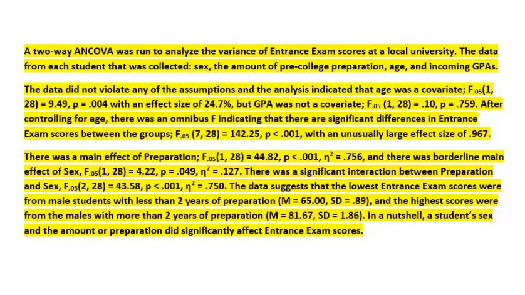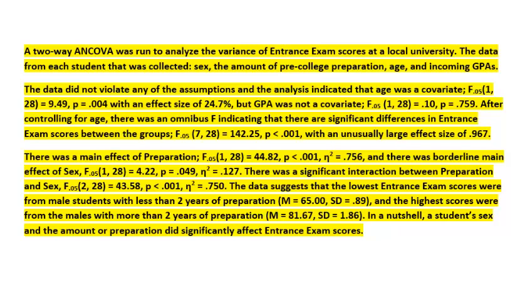So first of all, the data did not violate normality, nor did it violate the homogeneity of variance. And it indicated that age was indeed a covariate. There's the numbers. And the GPA was not a covariate. There's the numbers for that too. So after controlling for age, actually, I reran the data, but I pulled out GPA as a possible covariate. So the numbers are going to be a little bit different if you left it in.